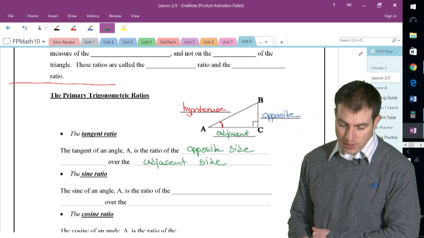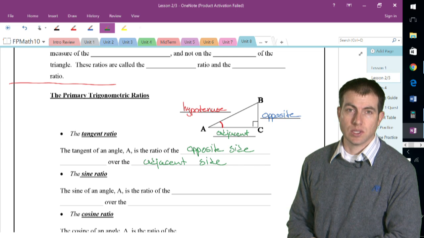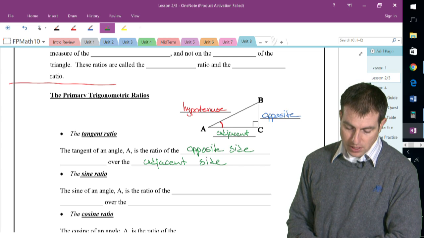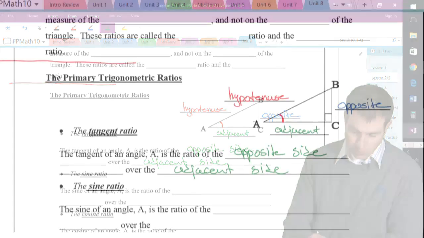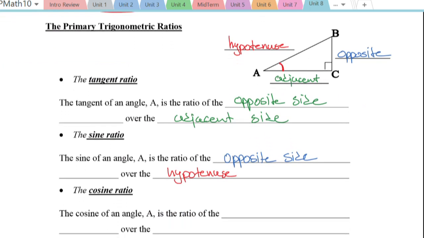If we want to use the sine ratio instead of the tangent ratio, same process, except we're dealing with the opposite side, and instead of opposite over adjacent, we go opposite side over the hypotenuse. Exact same process, just different sides.